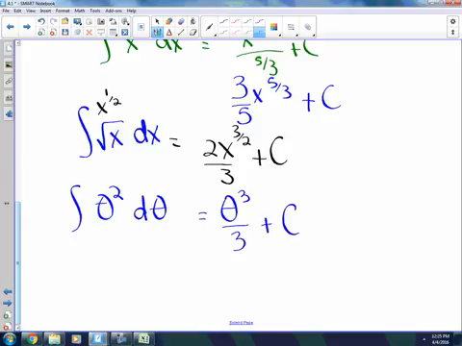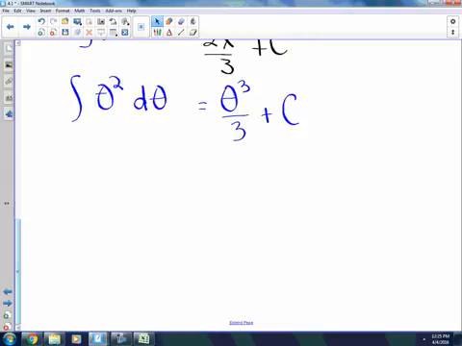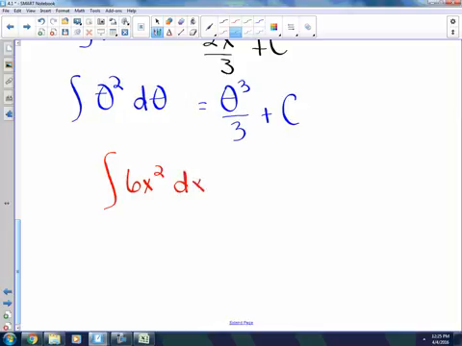Okay, there's another rule we're going to move on to next. And let me just write this out like this. So this is more than power rule. What's kind of messing us up? What's changed besides just a power rule in there? That's 6.